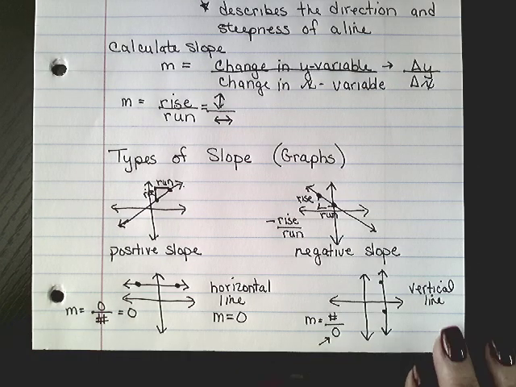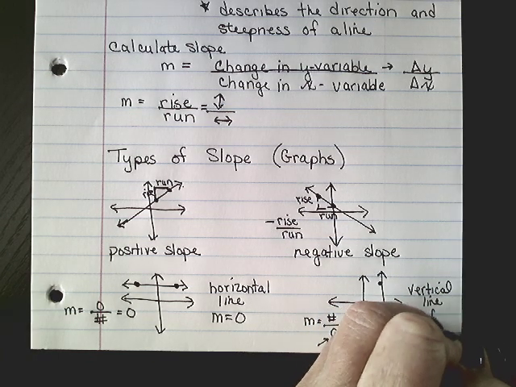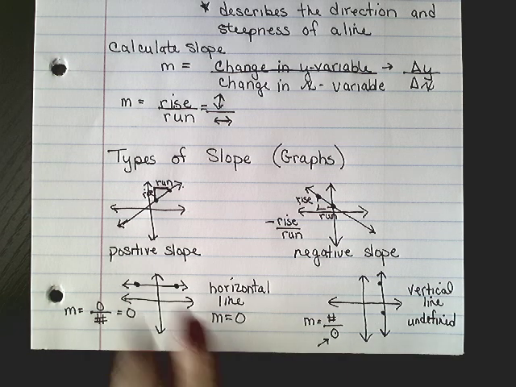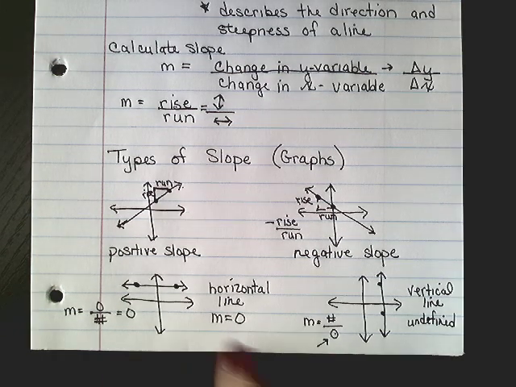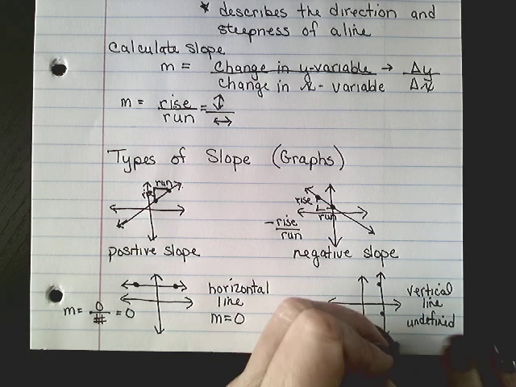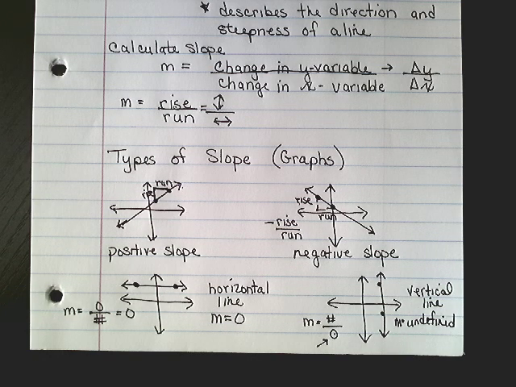That would make that undefined. Okay, so a horizontal line has a slope of 0 and a vertical line has a slope of undefined. So your slope is equal to undefined. Okay, we will definitely talk more about that as we go along.